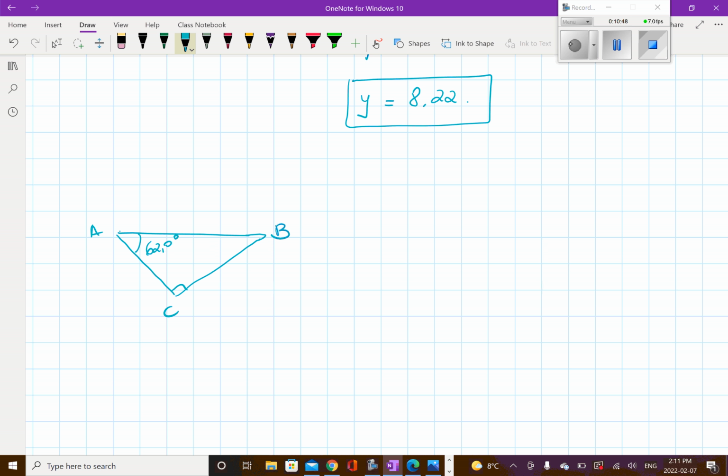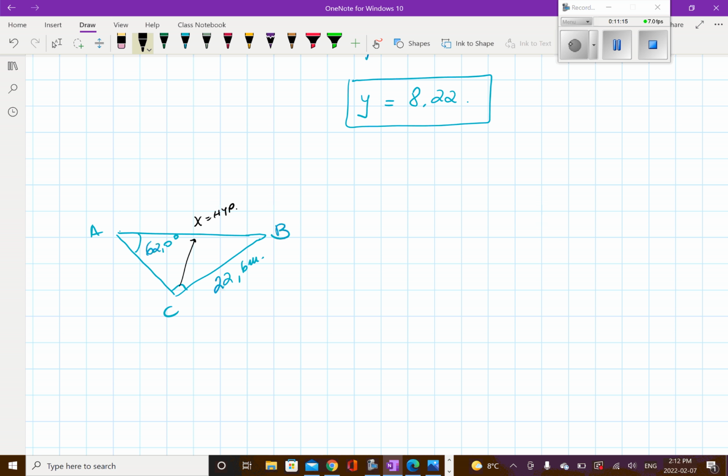This is the right angle, and then we have this one here as 22.6 meters. So now we'll find everything, the hypotenuse and the other side of this right angle triangle. So let's focus first on finding the hypotenuse. Why is this the hypotenuse? Because it is opposite to the 90-degree angle.